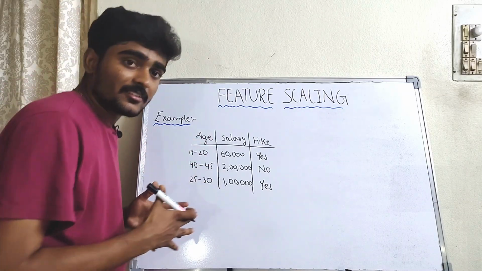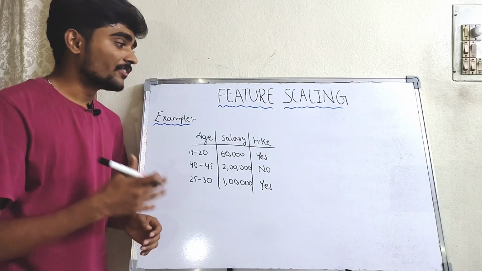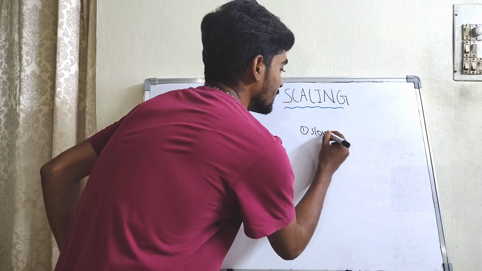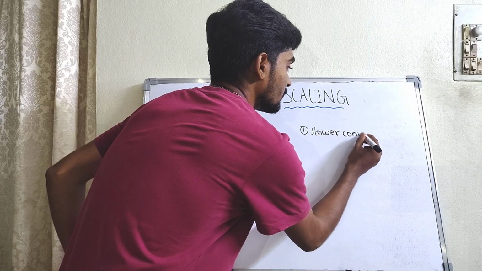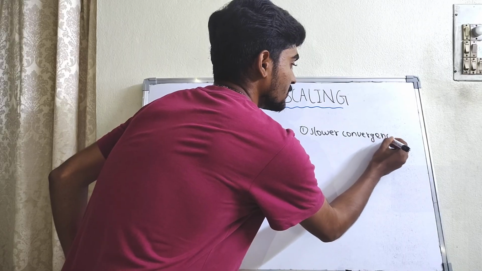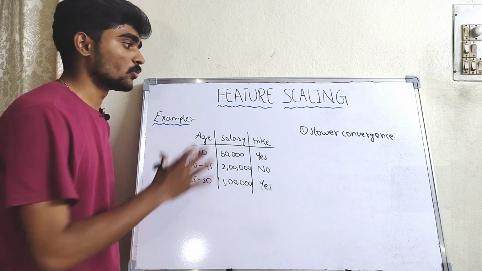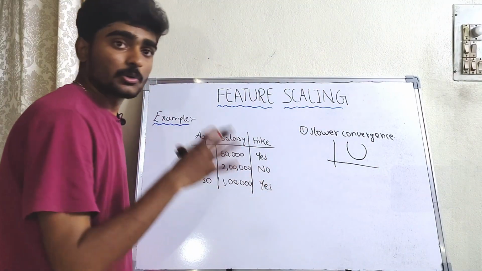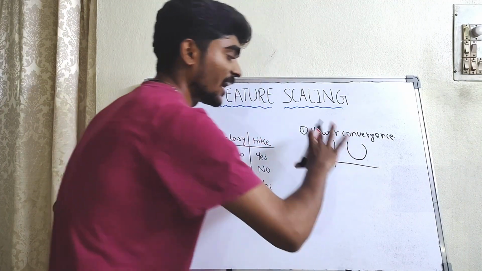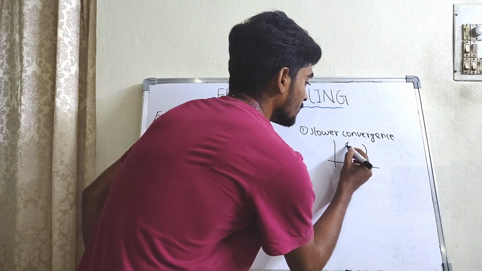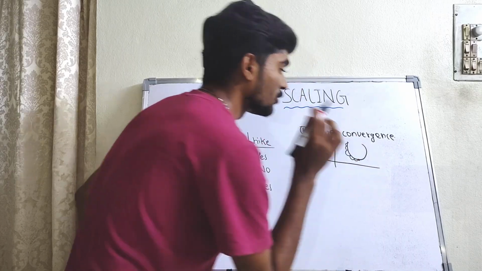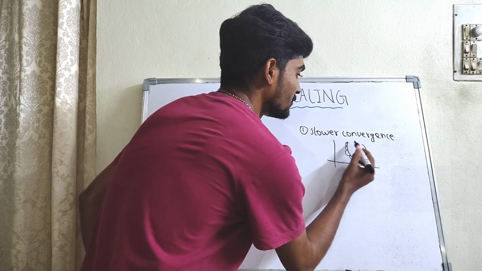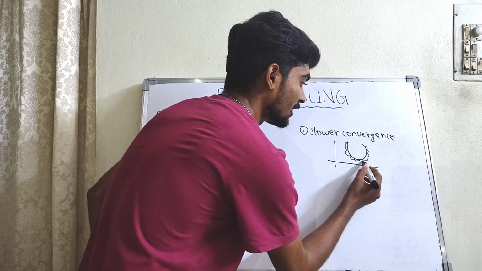Now when you feed these imbalanced data sets to the neural network, various problems occur. Among them, one of the problems is slower convergence. When you draw a curve of loss and weights for a balanced data set, this is your global minimum point, and gradient descent will start from this point or this point and slowly converge to the global minimum.